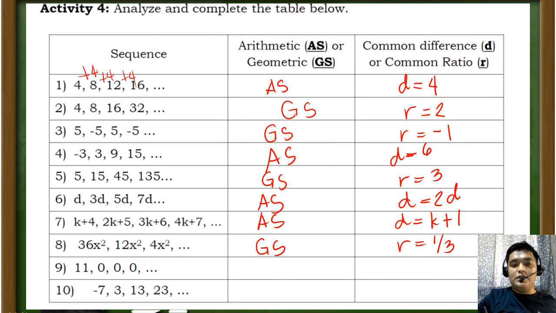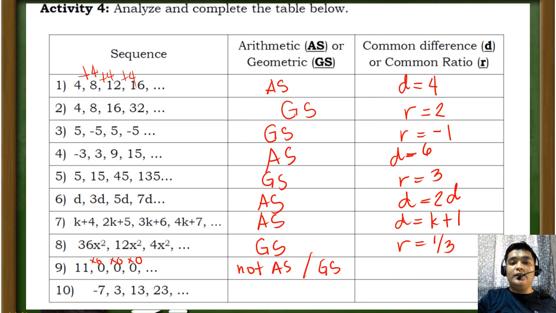Okay, very good. This is neither AS nor GS, because you multiply it by 0, no? It is 0. Go back to the definition of geometric sequence.